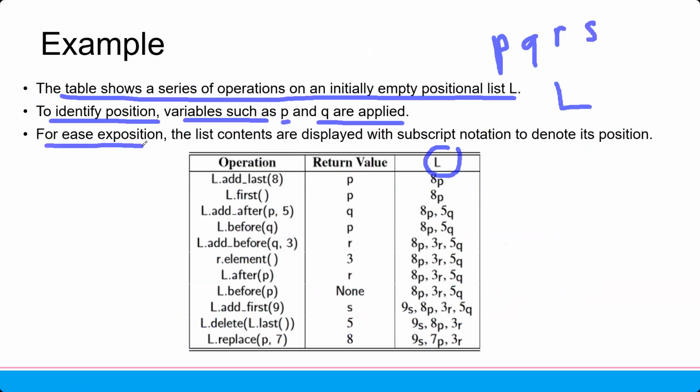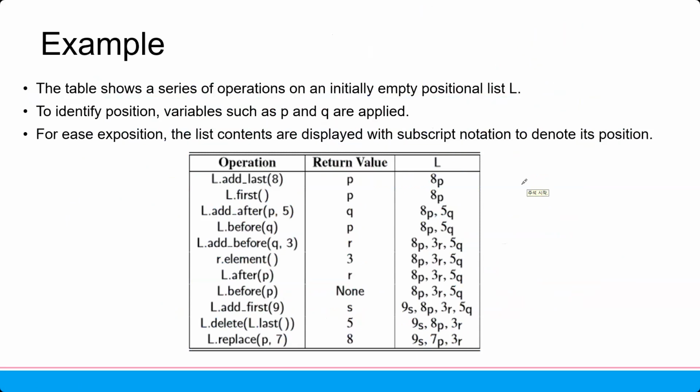For each operation, the list contents are displayed with subscript notation to denote its position. It means that subscript, do you know subscript? Subscript means if you type something like this one, 8, this is subscript.